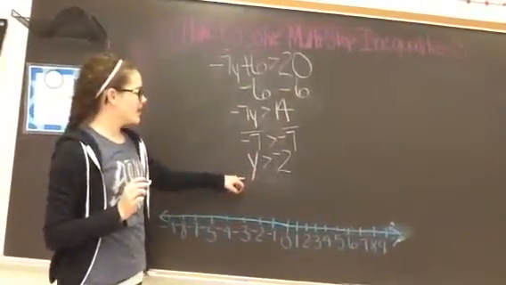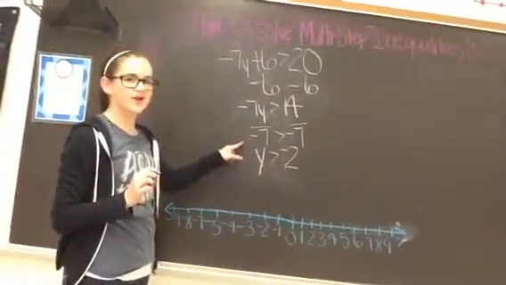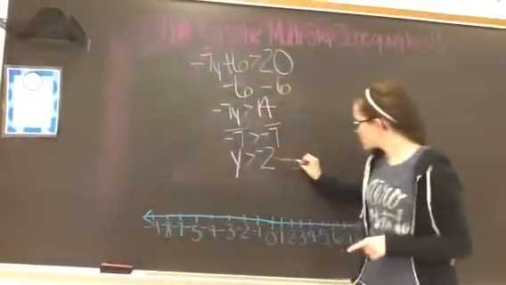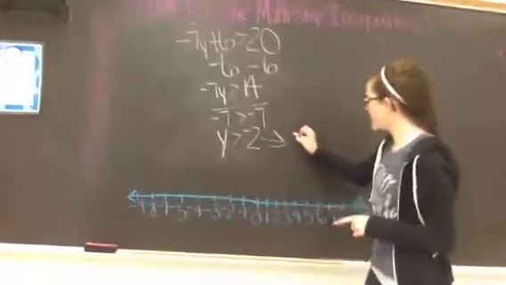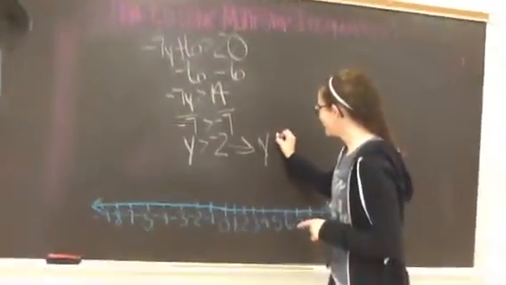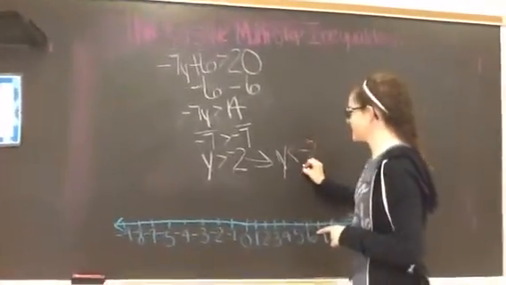But because anytime you divide by a negative number, you have to switch your symbol. So after you switch your symbol, you would be left with y is less than negative 2.